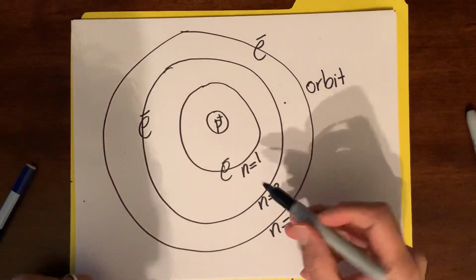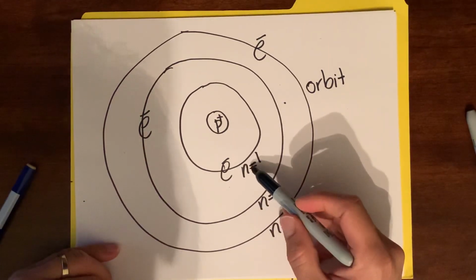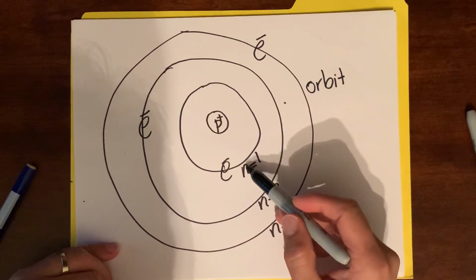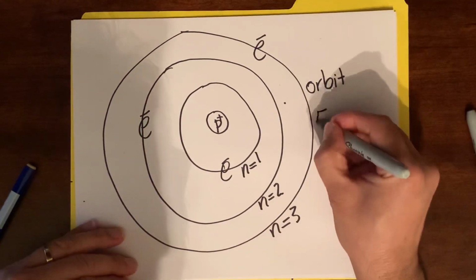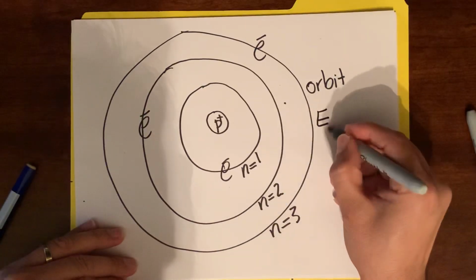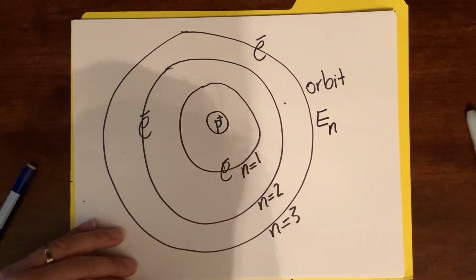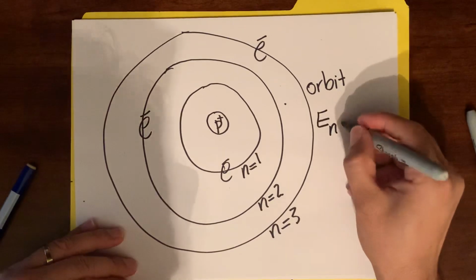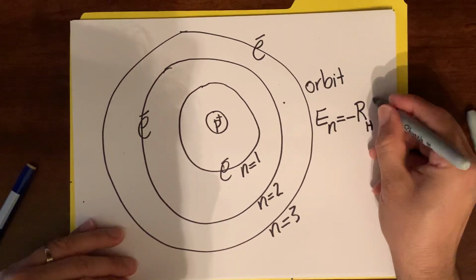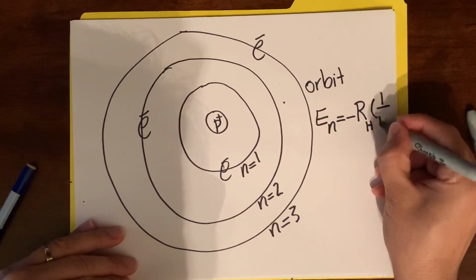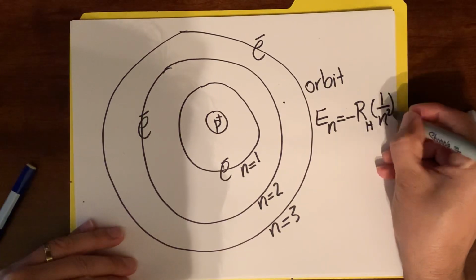If you want to find the energy of an electron hanging around the nucleus on n equal 1, the first orbit, you will use this formula. Energy of orbit number n is equal to minus RH multiplied by 1 over the square of n.